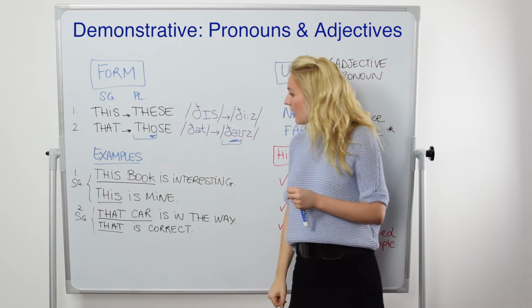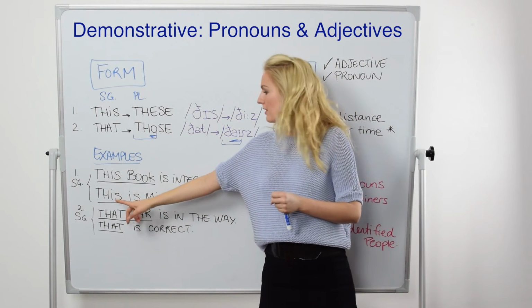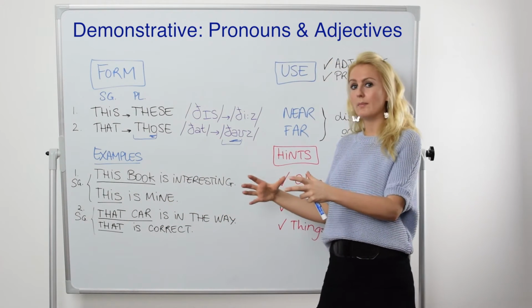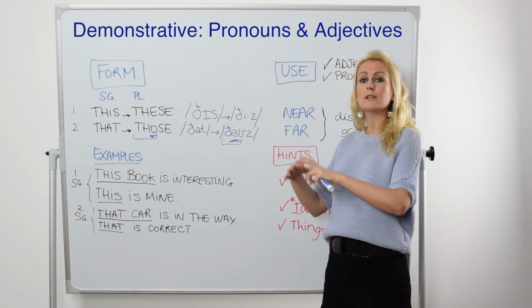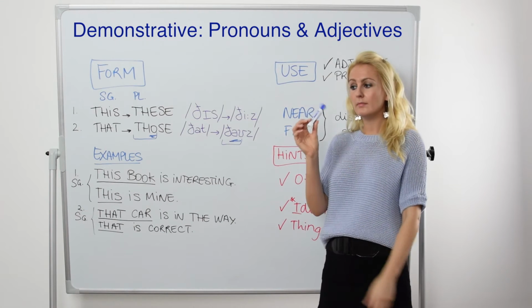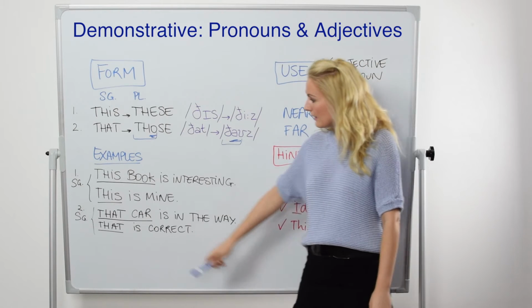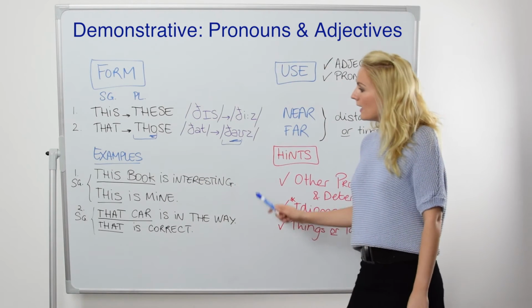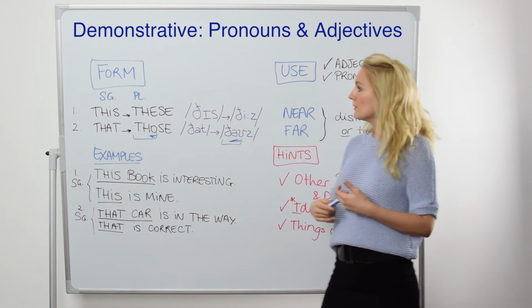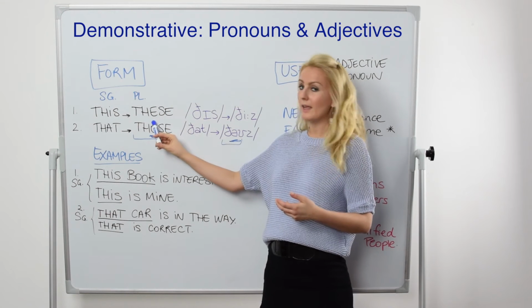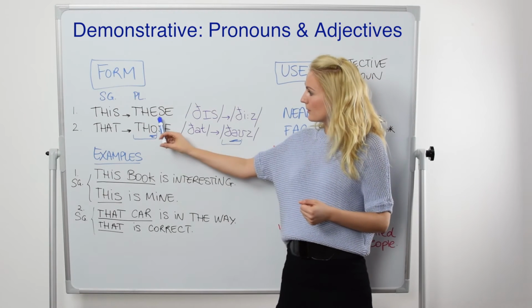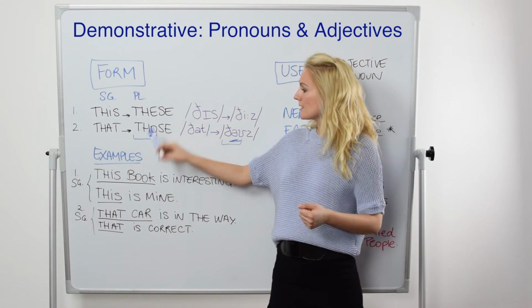Okay? This, however, works alone. This is mine. I'm showing you something. You know what I'm referring to. I'm using a pronoun. This is mine. This is mine, for example. Okay? This is mine. Let's try and transform these examples into the plural form together. So we would change a few things in the sentence.